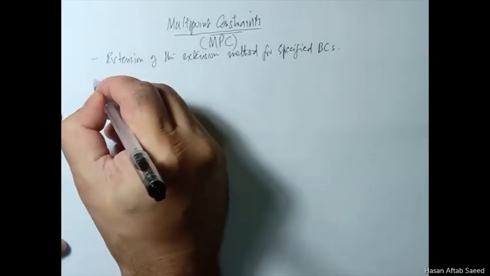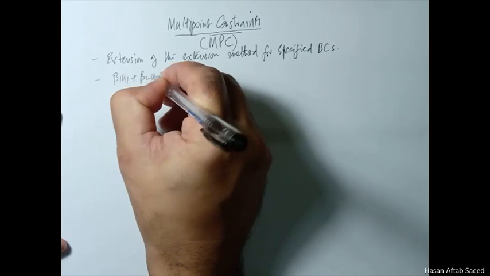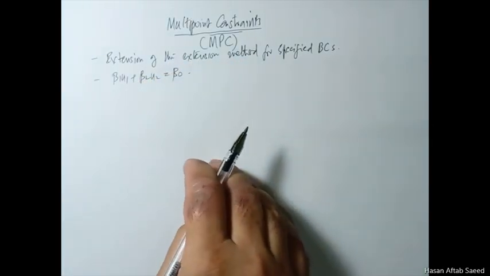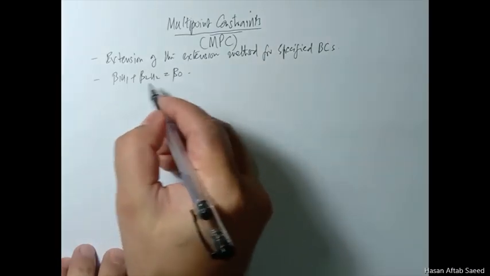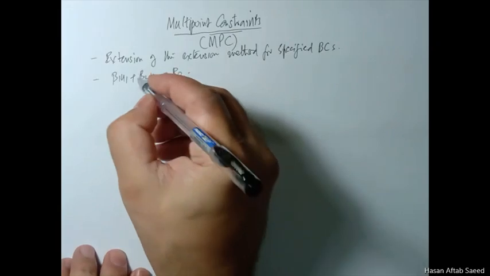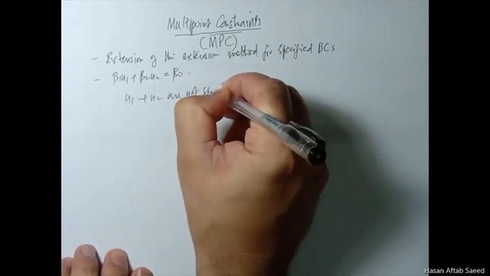In this case, the boundary conditions take this form. That is, the values of u1 and u2, any two degrees of freedom, are not specified. You don't know them.